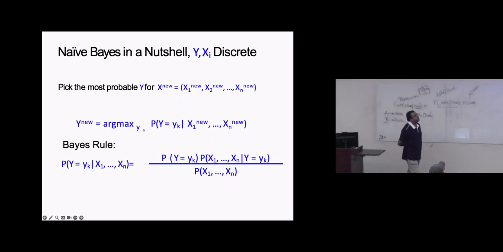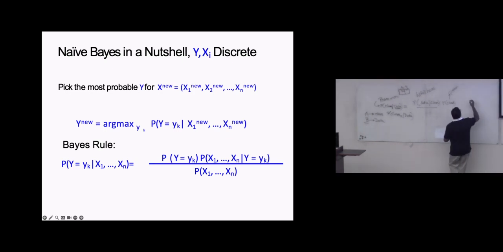Okay. So there are two possibilities, right? Actually, four possibilities.